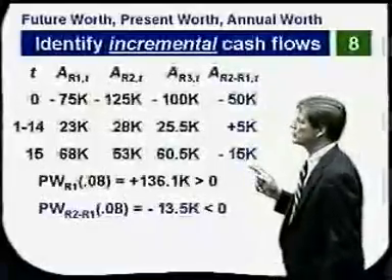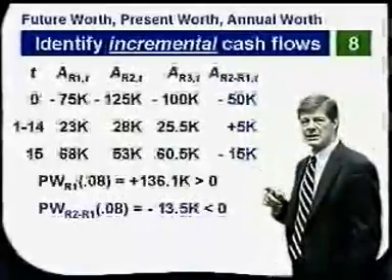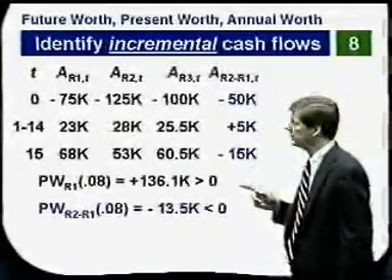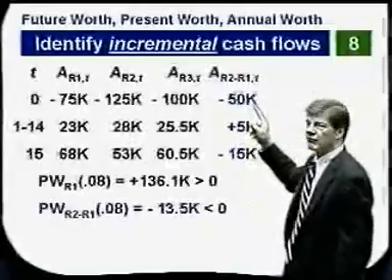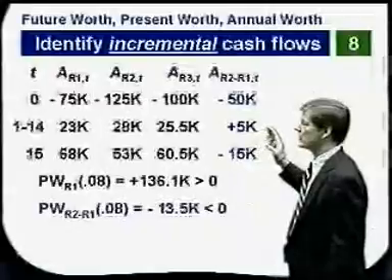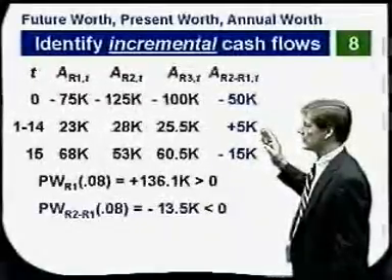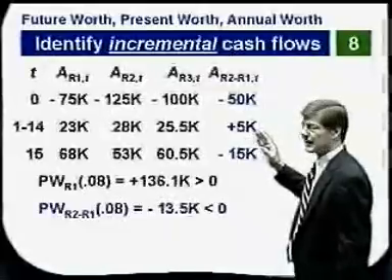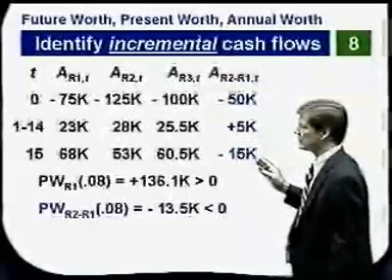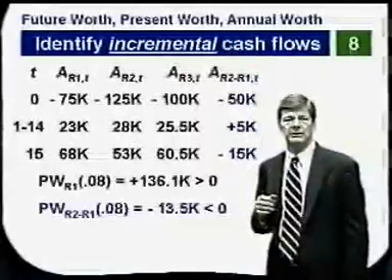In the choice between Route 2 and Route 1, it's a choice as to whether or not it is economical to spend an additional $50,000 today to receive an incremental savings of $5,000 each year for the next 14 years and incur an incremental cost of $15,000 in the 15th year.